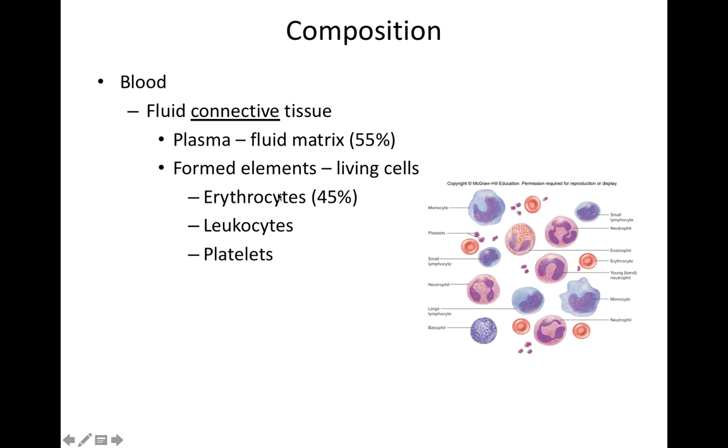So when we look at a sample of whole blood, generally the erythrocytes are going to make up about 45% of that sample, and the plasma is going to make up about 55%, which means that your leukocytes and your platelets make up less than 1% of blood. So it's mostly red blood cells and plasma.